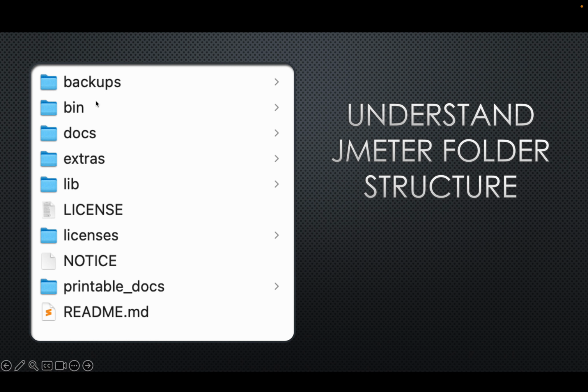Second is bin, which is very important. Here you will find all the JMX files and all the binary files: the executables for launching your test case, the sh files for the UI launch, the property files, and examples.